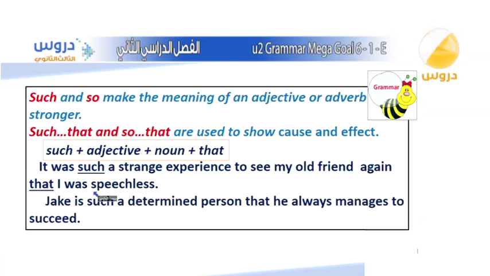The effect is I was speechless. We have another sentence. Jack is such a determined person that he always manages to succeed. Very determined, Jack. And what's the effect of this characteristic of his? The effect is that he always manages to succeed.